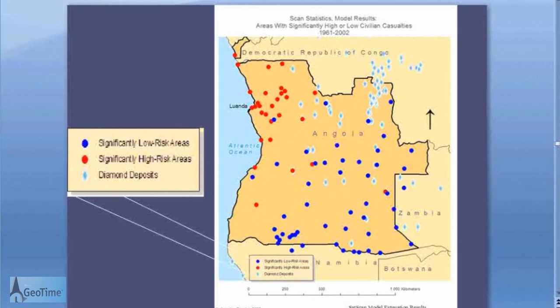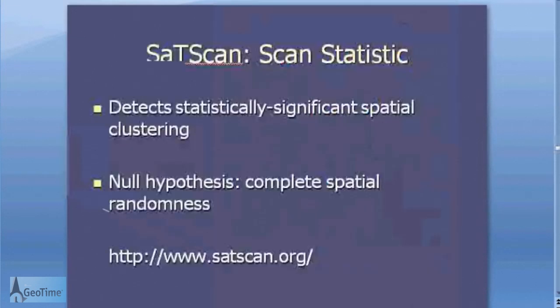Incidentally, some of you might be interested in learning more about scan statistics. These are tests for spatial clustering created by Martin Kulldorff of Harvard University for epidemiological purposes.